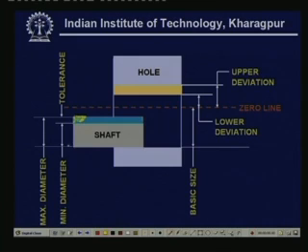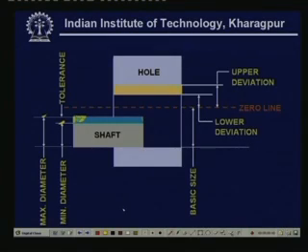So, you can see the maximum diameter of the shaft would be this, and the minimum diameter of the shaft will be up to this much. Anywhere in between this zone is referred to as tolerance, which I have uttered several times while talking about manufacturing tolerances.